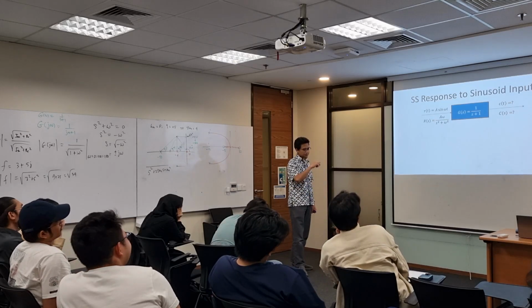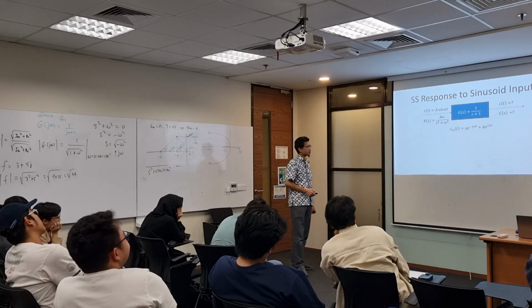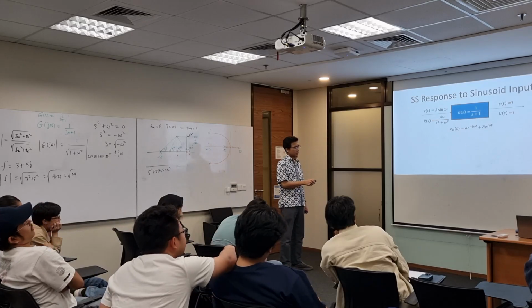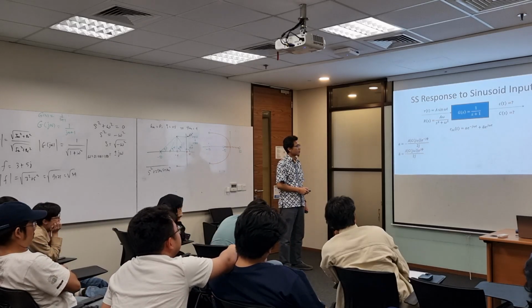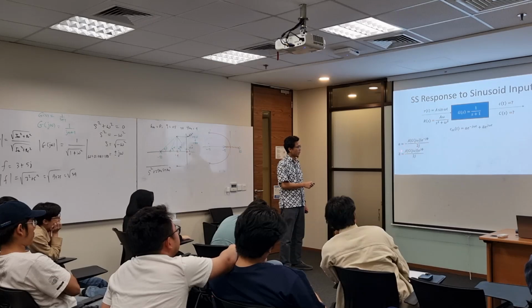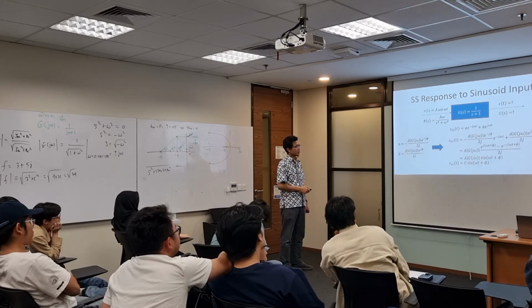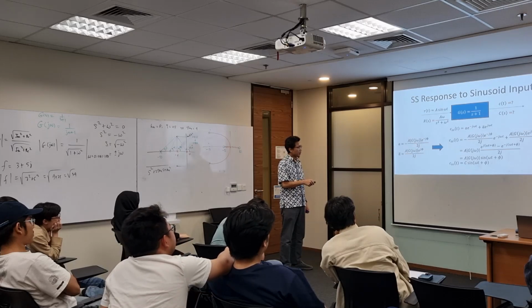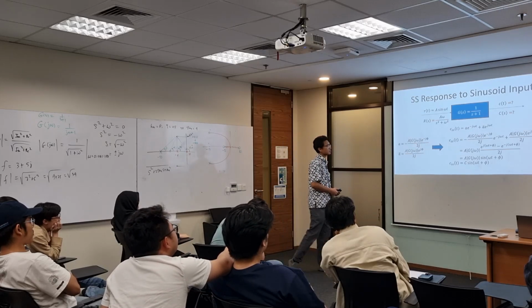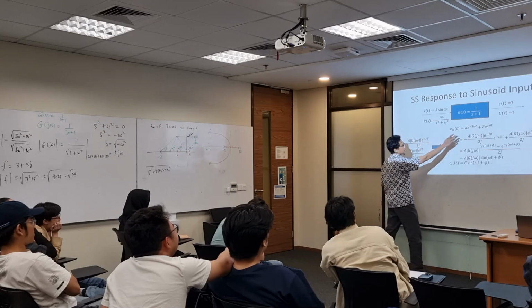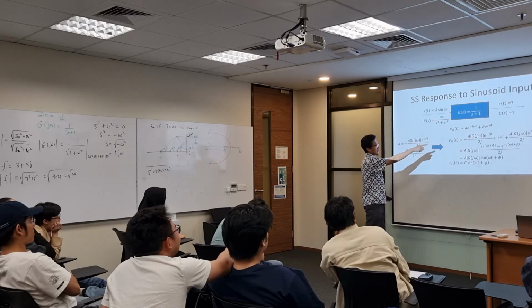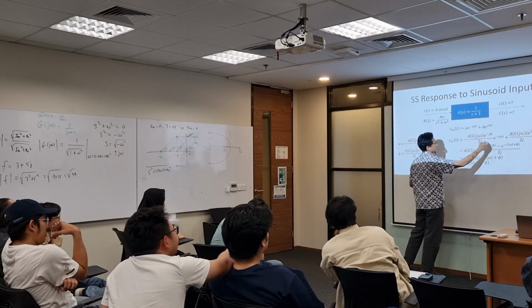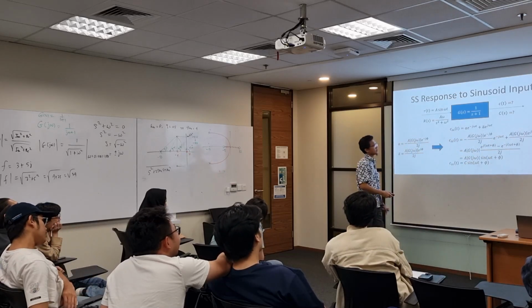So let us conclude here. This will be the steady state solution, and this is the value of A and A bar. And then if we put A here and A bar there, we will get this. Agree?